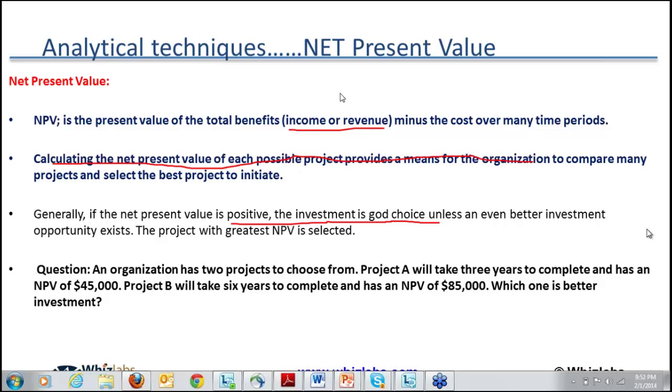Which project will you choose? Project A or project B? I'm getting somebody saying project B.